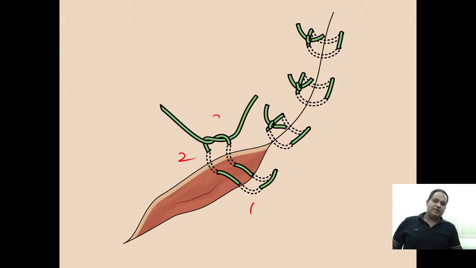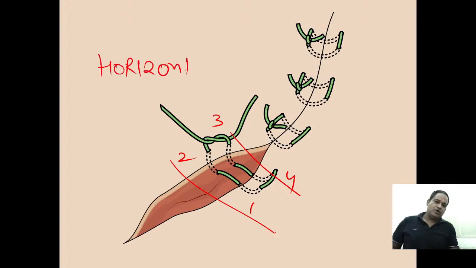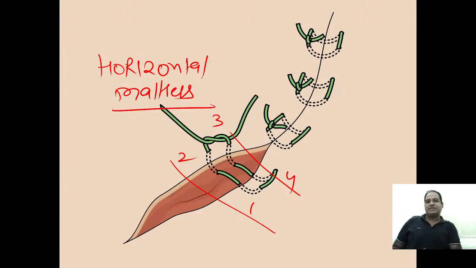First, second, third, fourth, they are in two lines, so this is a horizontal mattress.